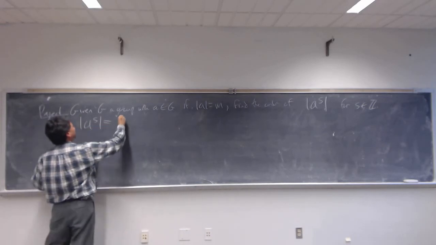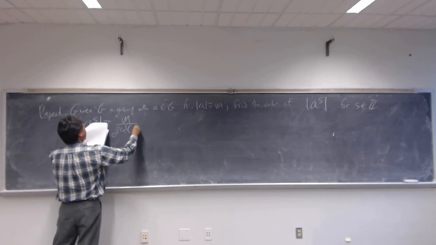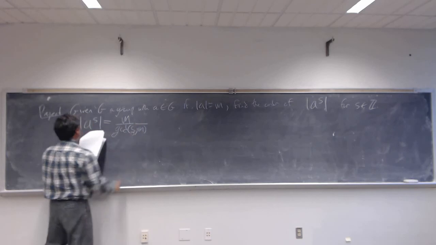This is going to be the order of the element over the greatest common divisor of s and m.